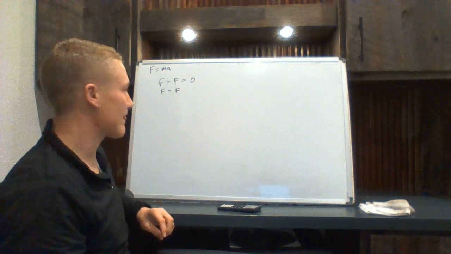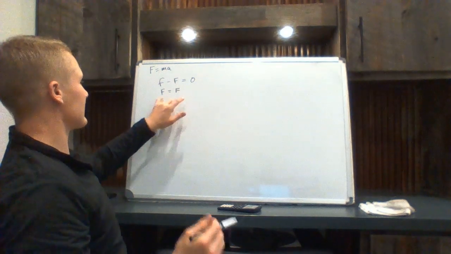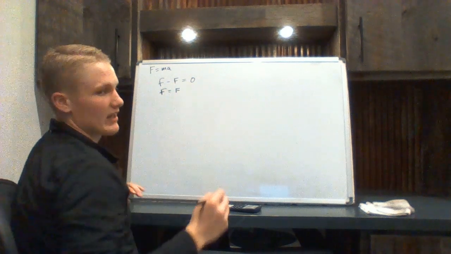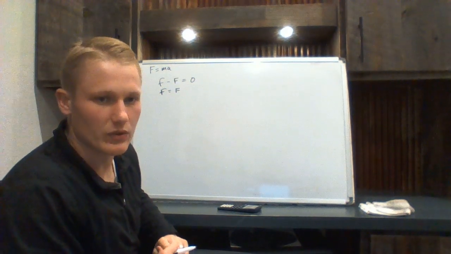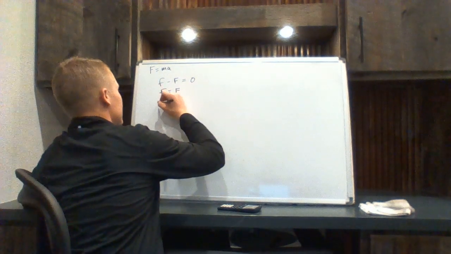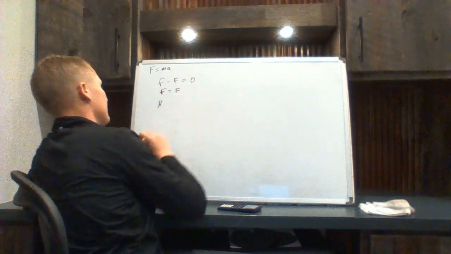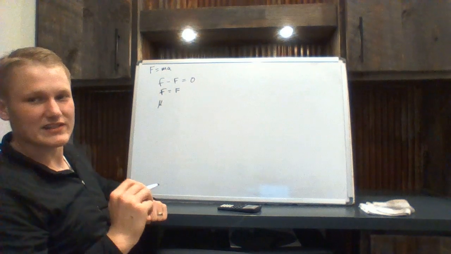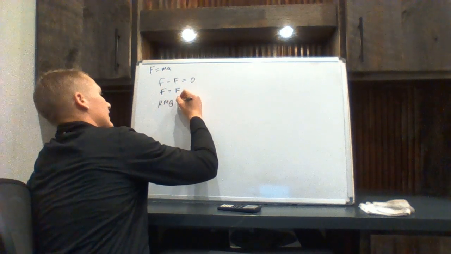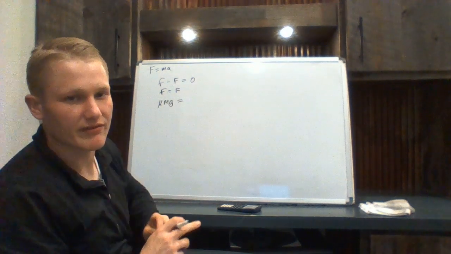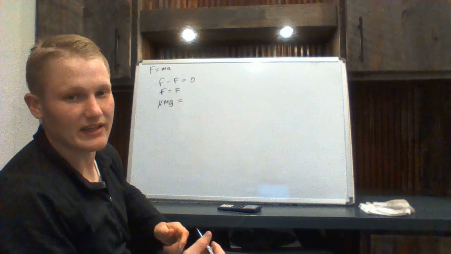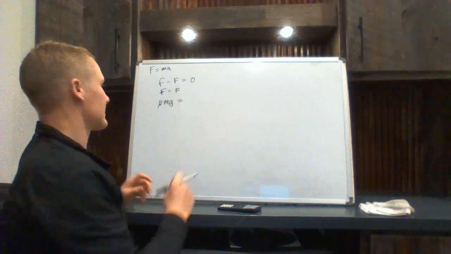force of friction equals force on the glider. Now we can take our force of friction and set that equal to our coefficient of friction times mg. I'm not sure what this Greek letter is, but I'm really bad at drawing it. Equals, and for F, we can substitute in our k, the spring constant, and the distance it's moved.